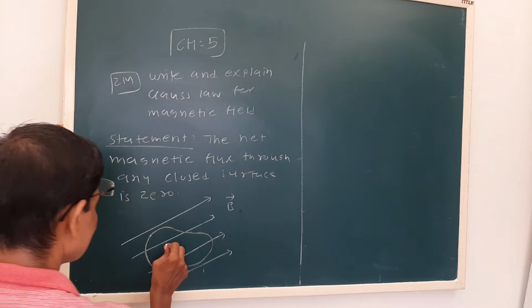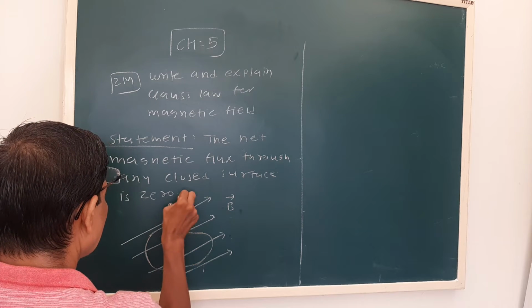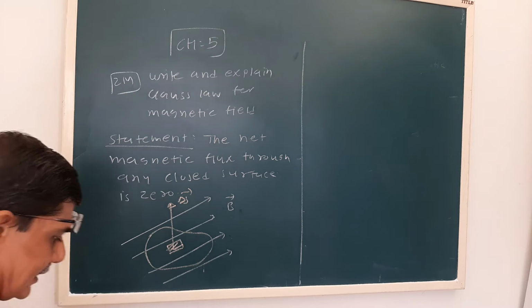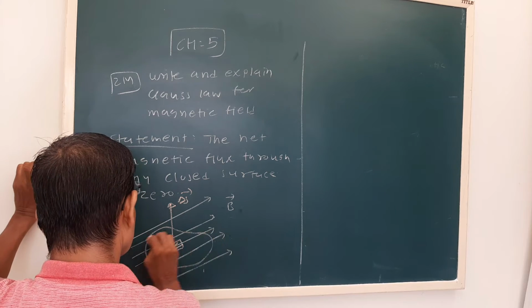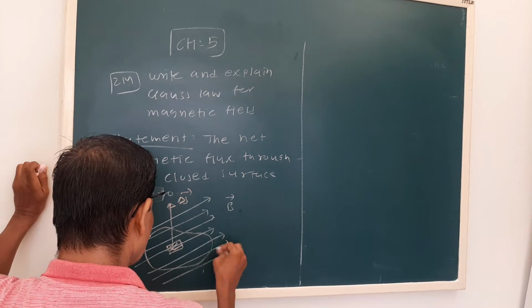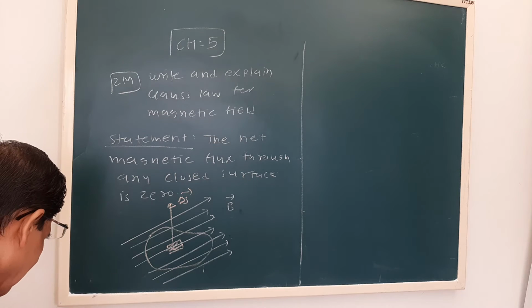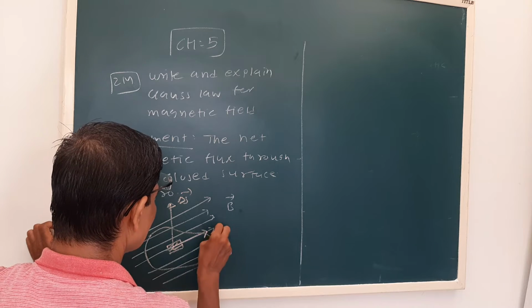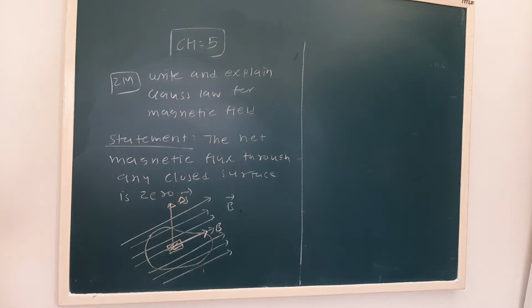Now consider a small section of delta S. See the magnetic field lines. Here we consider a uniform magnetic field. The field lines are parallel and equal. So see, B shows the magnetic field and delta S shows a small element.